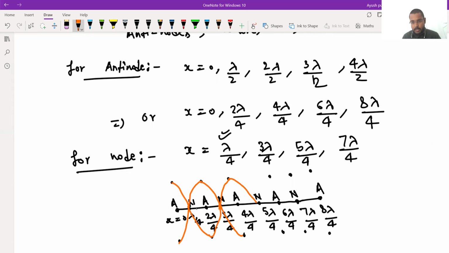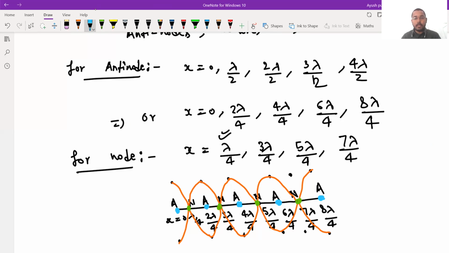So at a node, the amplitude is 0, and at an antinode, the amplitude is maximum. This is node, node, node, node. Now let's draw the antinodes in a different color: antinode, antinode, antinode, antinode, antinode.